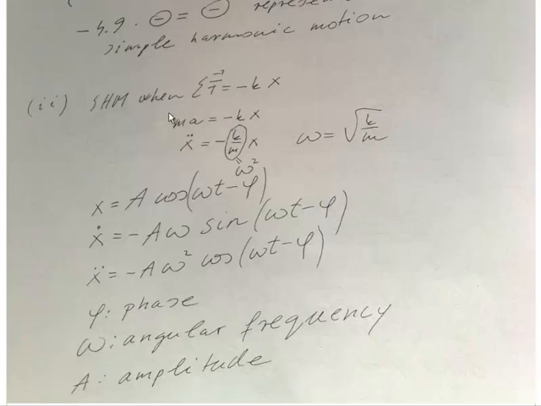We divide by m, and we get this equation. We can use this: omega squared is equal to k over m, so omega is equal to the square root of k over m.